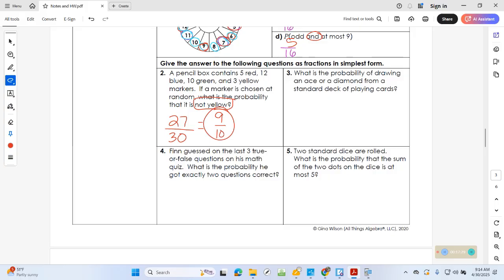What's the probability of drawing an ace or a diamond from a deck of cards? Ooh, deck of cards. Okay, first question. Do you know how many cards are in a deck? 52. Okay, next question. How many aces are in a deck? 4. How many diamonds are in a deck? Total diamonds.